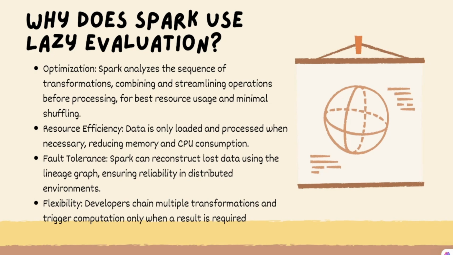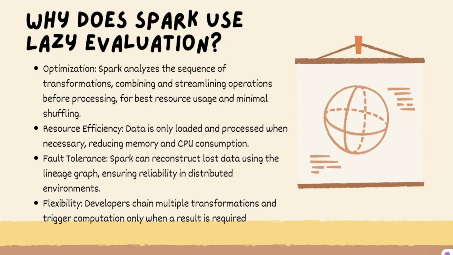Next is fault tolerance. Spark maintains a lineage graph. If a node in the cluster fails, Spark can recompute the lost data from the DAG instead of starting everything from scratch. Next is flexibility. Developers can chain together multiple transformations. Computation only starts when we say, now I want the result.